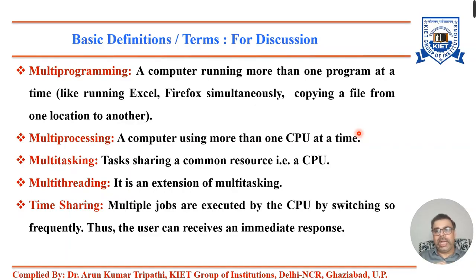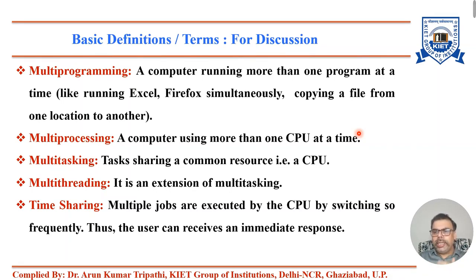Although a processor can perform one work at a time, the speed is so fast we cannot judge whether it is doing one task at a time or a number of tasks at the same time. For example, we are copying a file, listening to a song, making a program.